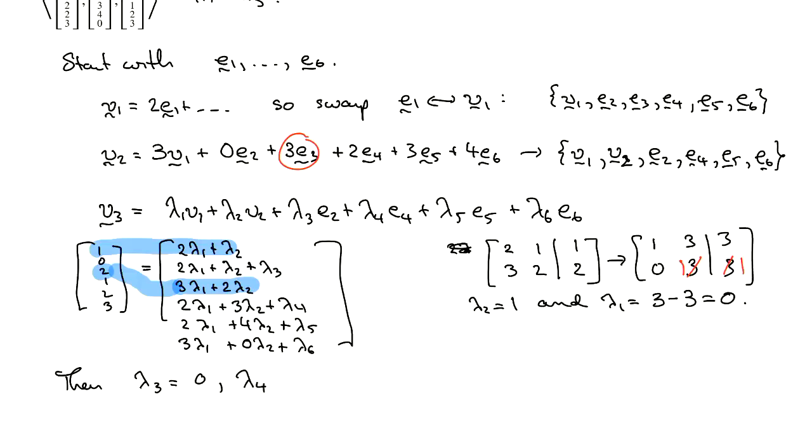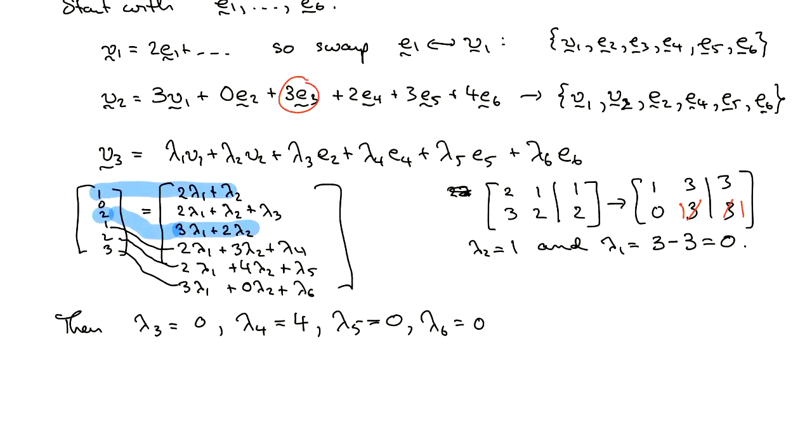Lambda 4 equals, so I'm just looking, that one matches up with the 1 there. So that's 1 minus 2, so minus 1, which is 4. Lambda 5 is 0. And lambda 6 is 0. So I should have been able to see that quicker. Sorry.